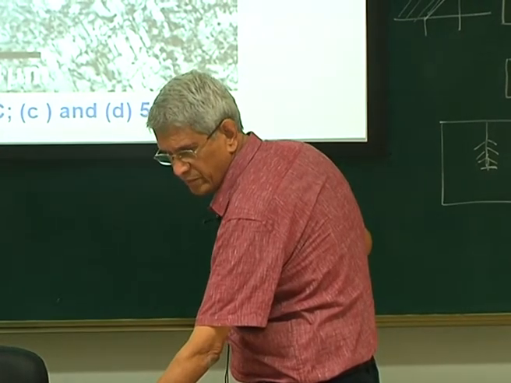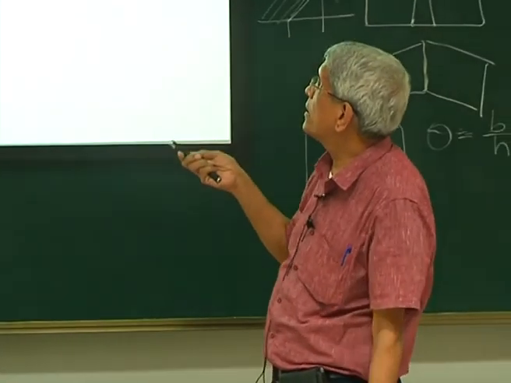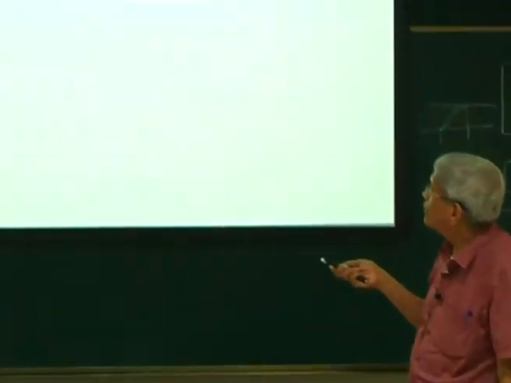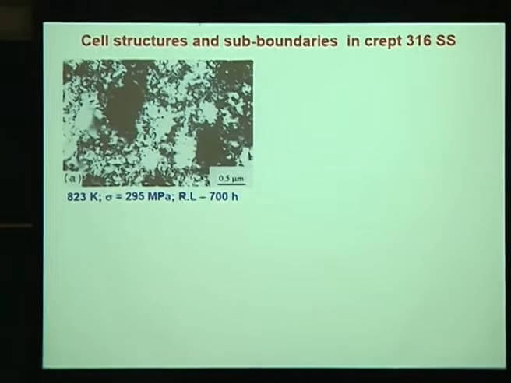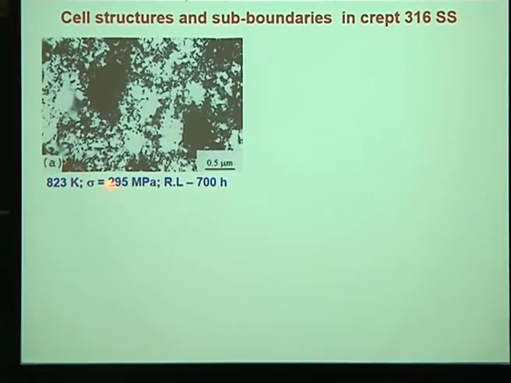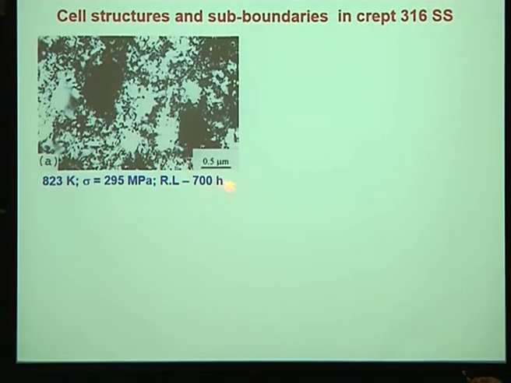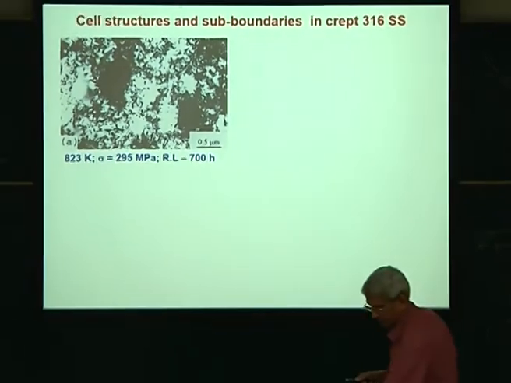The same thing I will show you in a crept sample. Here, the stainless steel sample was creep tested at 823 K and 295 MPa, and the total rupture life was around 700. You can see this sort of cell walls.